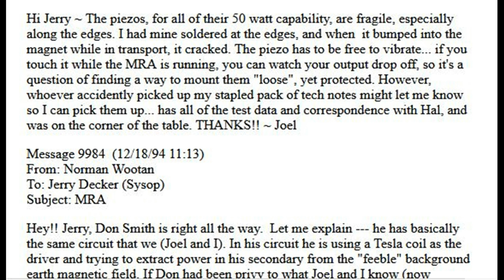The piezo has to be free to vibrate. If you touch it while the MRA is running, you can watch your output drop off, so it's a question of finding a way to mount them loose, yet protected. However, whoever accidentally picked up my stapled pack of tech notes might let me know so I can pick them up. It has all of the test data and correspondence with Hal, and was on the corner of the table.